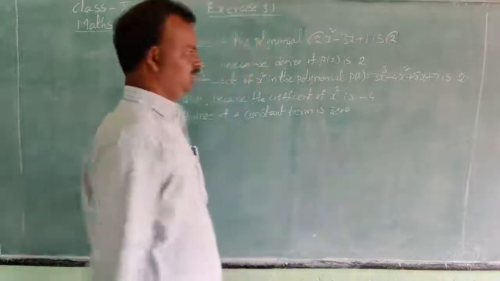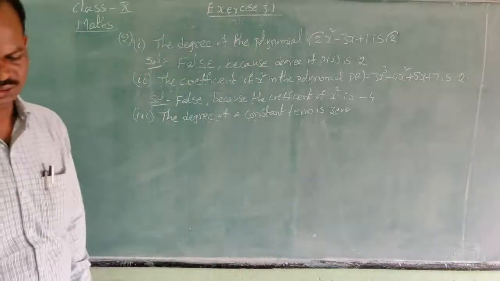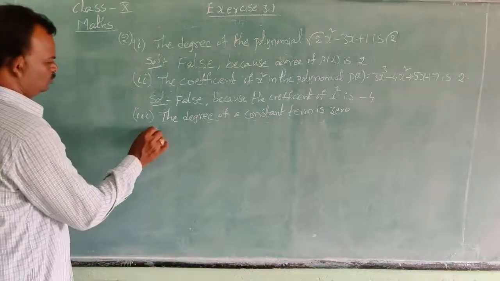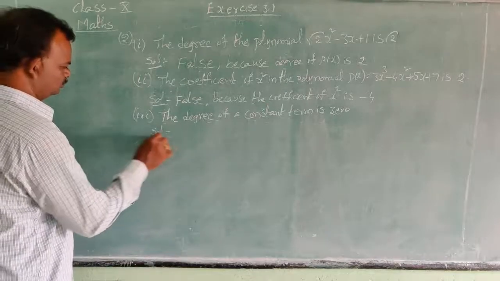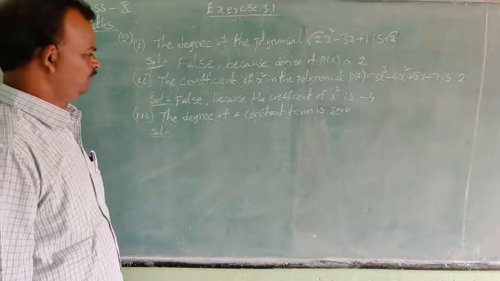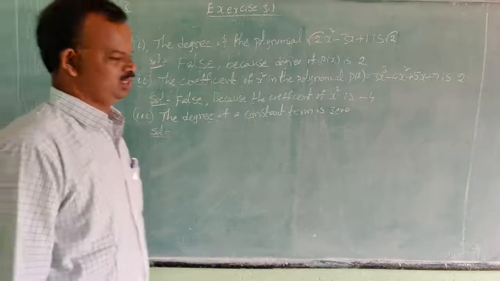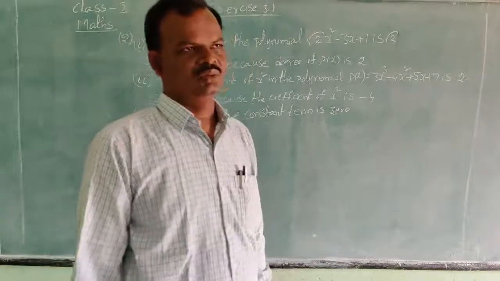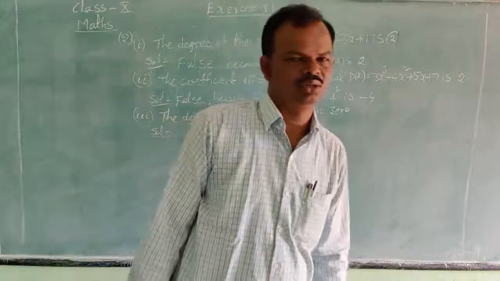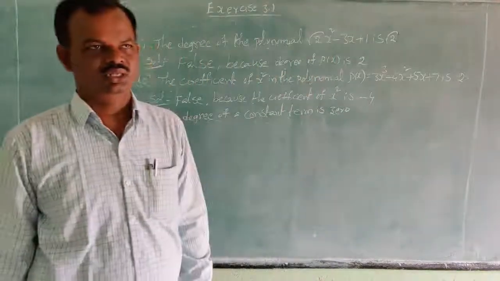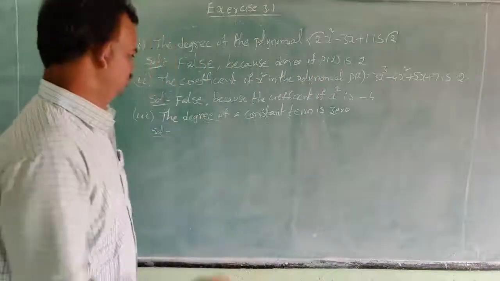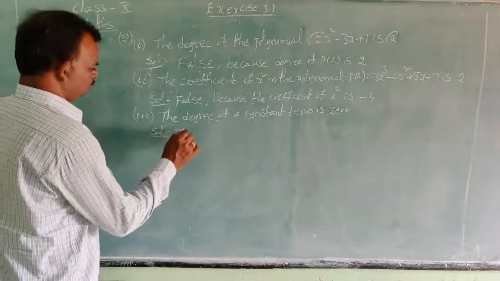Is it true or false? The degree of a constant term. Constant term means there is no variable, so its power is 0, so it is true.